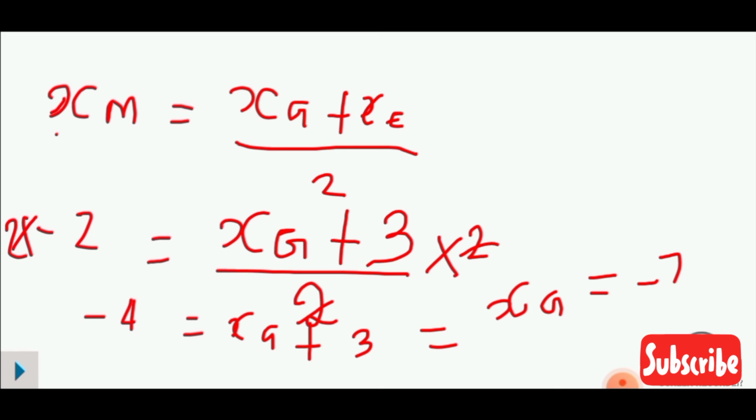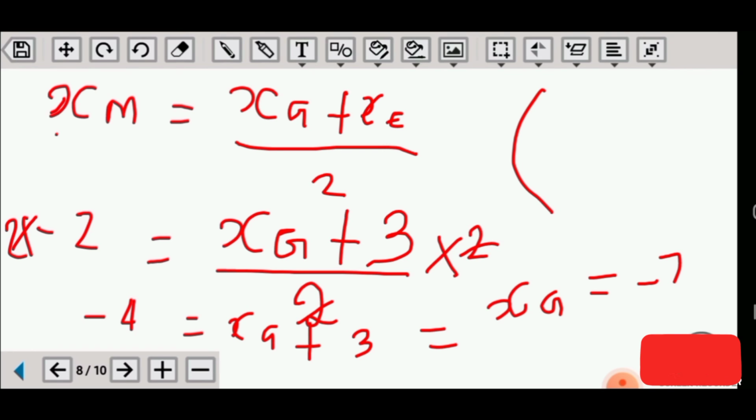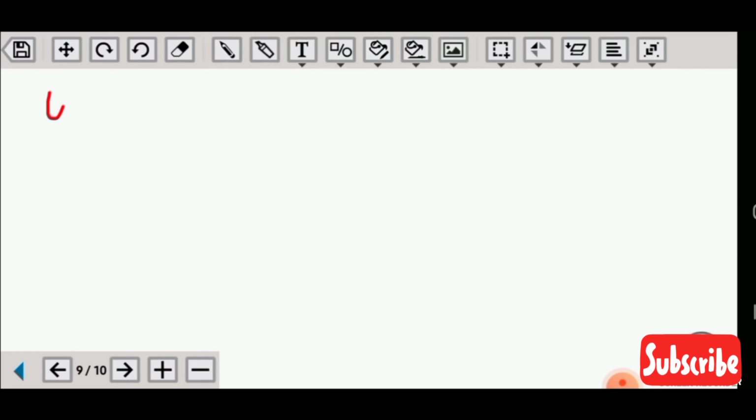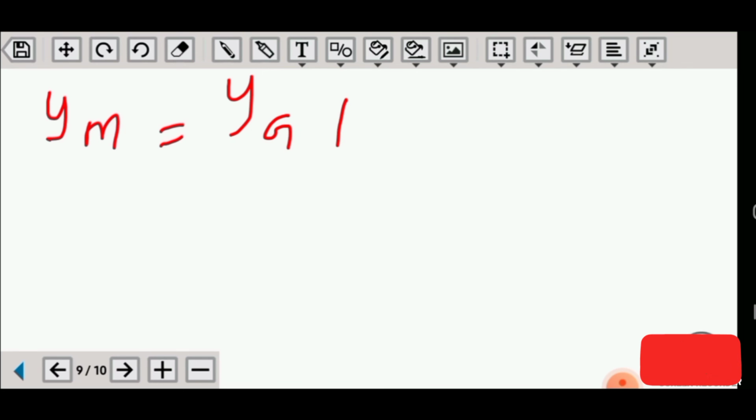So we got the x value of the coordinates of G. So let's go find the y value. With the y value, we do the same thing. The y of the midpoint is equal to the y of G, which is the one that we're looking for, plus the y of E, all divided by 2.